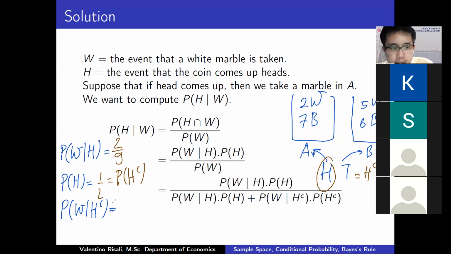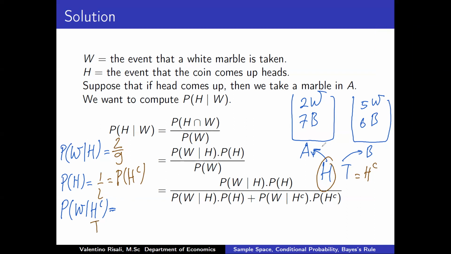And then the last, so it's basically P(W given T), so 5/11. 5/11, right? Because if T shows up, we go to urn B. So just count from urn B. The probability of white is 5 divided by 11.